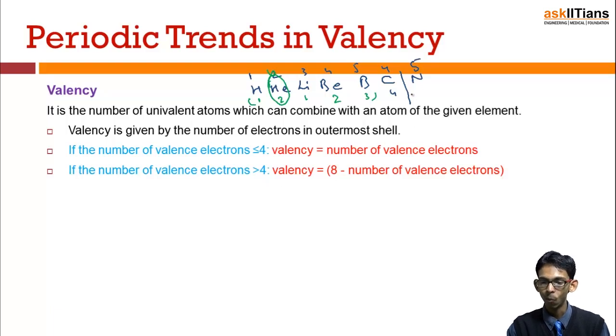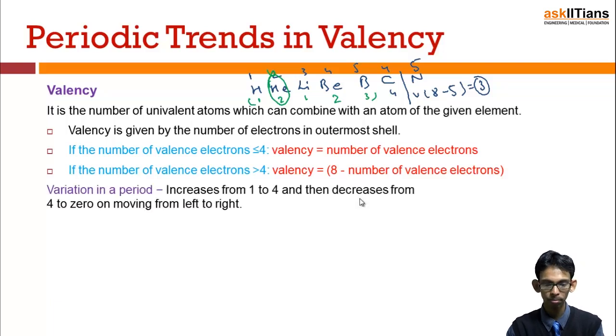In that case valency would be equal to 8 minus 5, which is 3. So if the number of valence electrons is greater than 4, for finding the valency we have to subtract the number of valence electrons from 8.